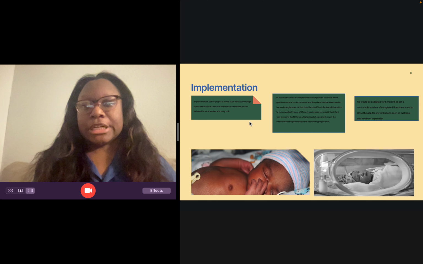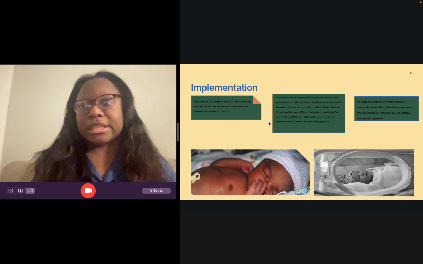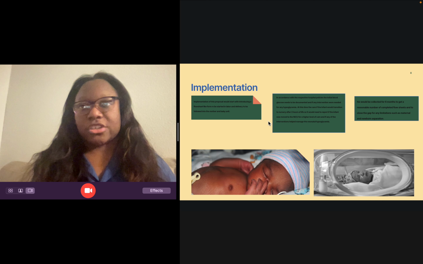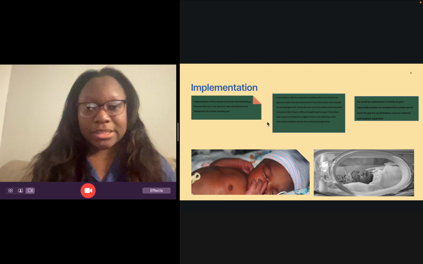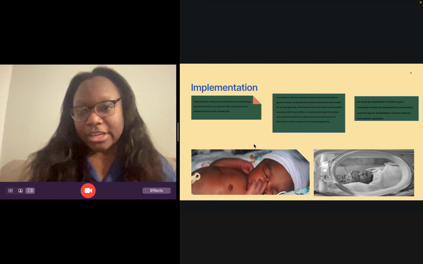For most hospital settings, we're looking at the baby's size. Is this baby large for their gestational age, or is this baby smaller for gestational age? Research has shown that those babies are at risk for having hypoglycemic issues early on, so they would be tested. Another risk factor would be that baby's gestational age.